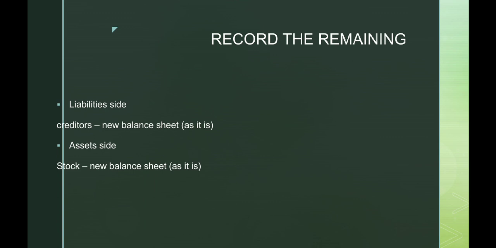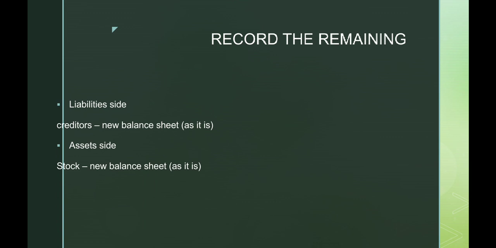I hope you understand the difference between the old balance sheet and the new balance sheet. The new balance sheet is the one that you are preparing, and you always write down all the new values of assets and liabilities in it. Whenever a new value or any adjustment regarding assets or liabilities is not given, you are supposed to write down the value as it is in the old balance sheet.